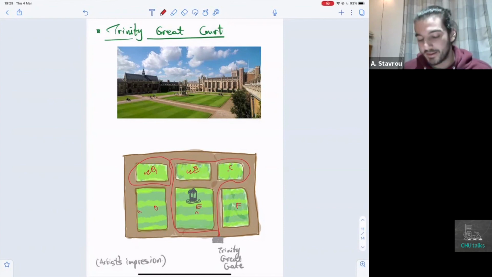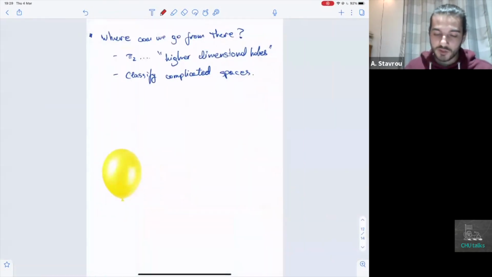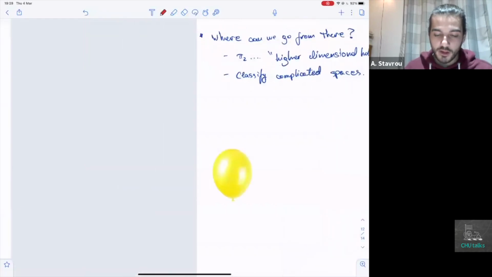That will be much more complicated, and well, that's another story, but that's a story that we answer soon enough in algebraic topology. Right, so where do we go from here?